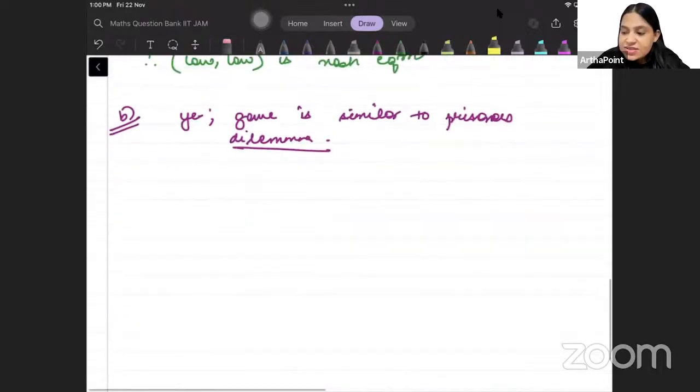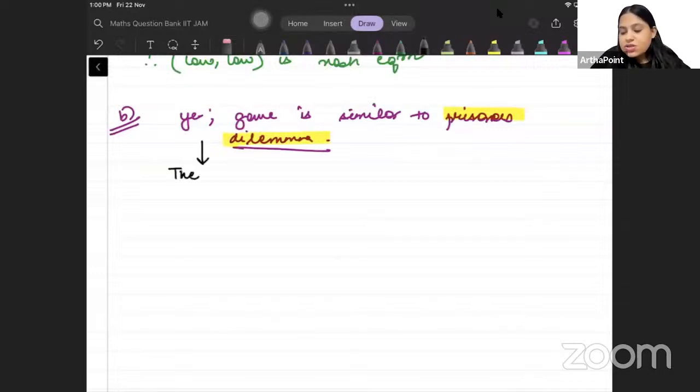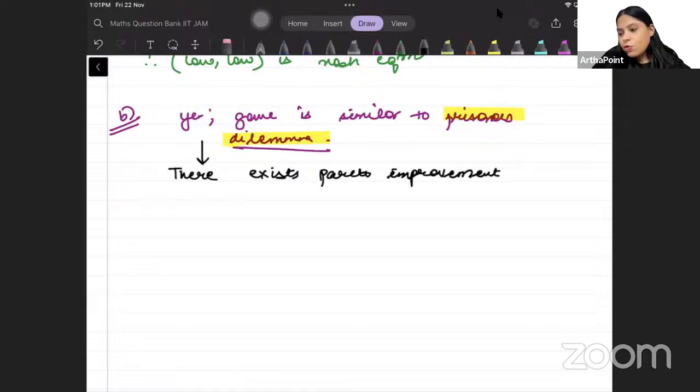So why is this similar to prisoner's dilemma? It is similar to prisoner's dilemma because there exists Pareto improvement over the existing strategy. What does Pareto improvement mean?